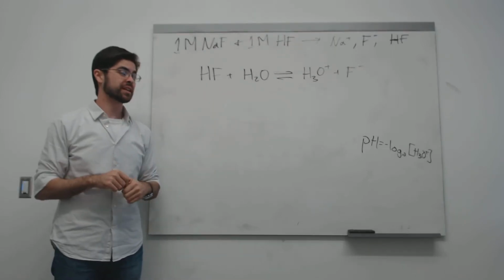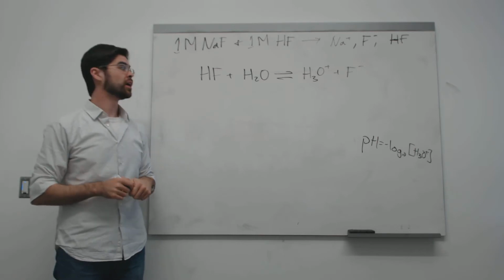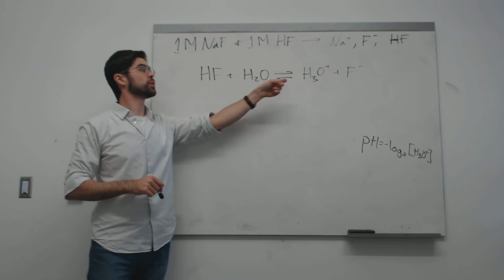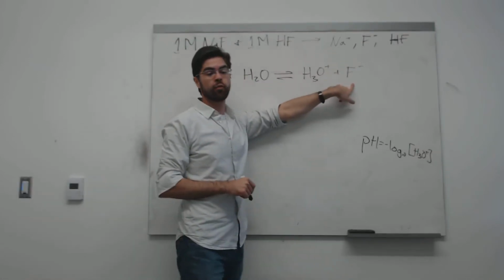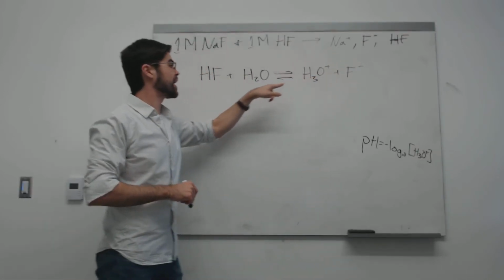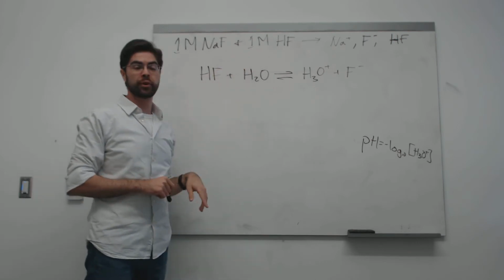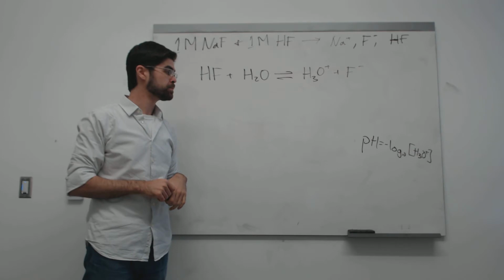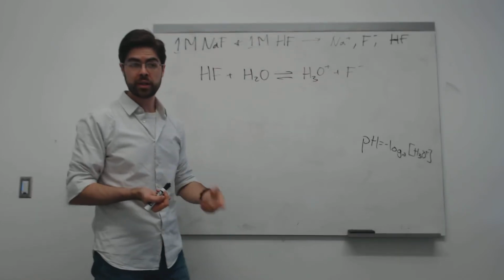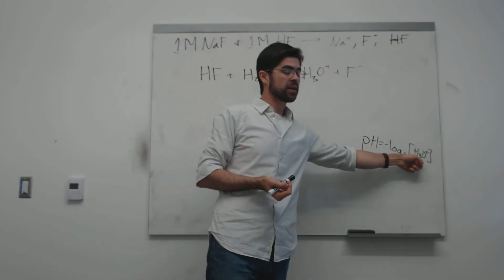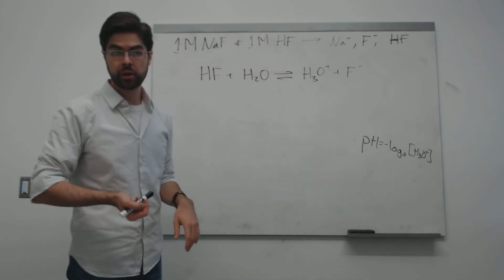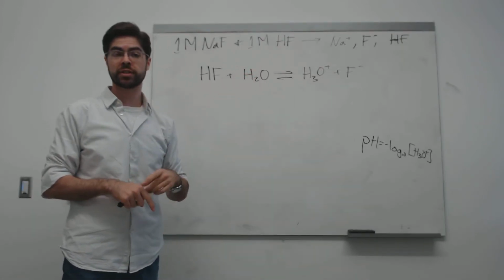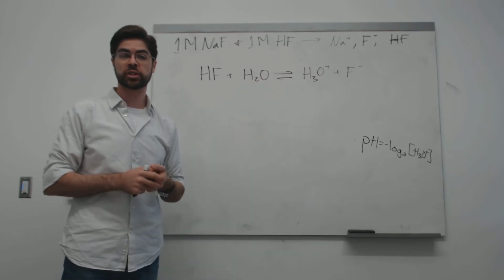So let's say I want to calculate the pH of this solution where I have 1 molar sodium fluoride, which essentially means I have 1 molar fluoride, and I have 1 molar hydrofluoric acid. So this is the primary equilibrium to consider. And if I want to calculate the pH, what I really want to do is calculate the hydronium concentration. So I have an equilibrium process where I know some of the concentrations and I don't know one of the other concentrations.